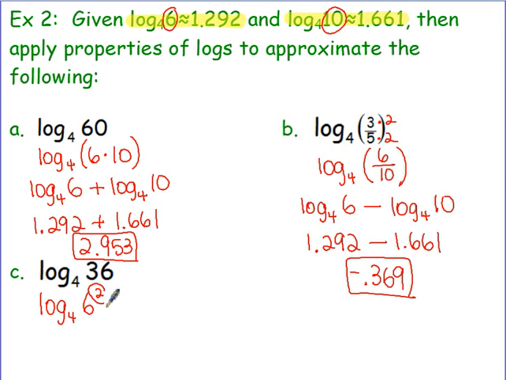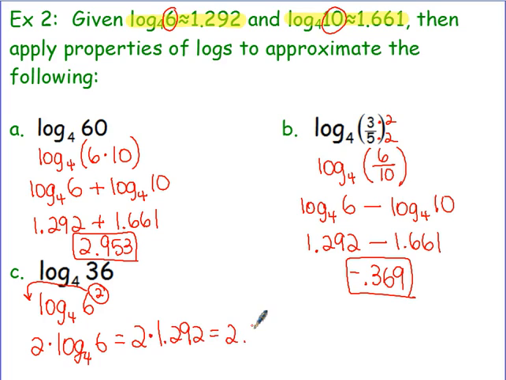So then you can use the power property and drop that 2 in the front. 2 times log base 4 of 6, which then I can make that final change 2 times 1.292, and I get a final answer of 2.584.